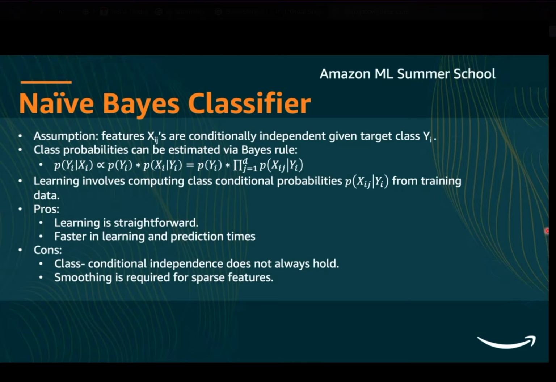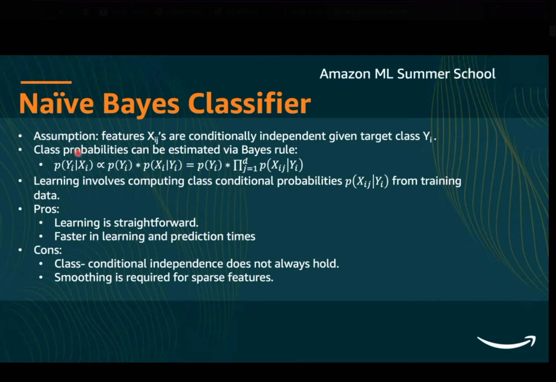But if you know that it is an apple, these features become independent of each other, right? So this is the naive assumption which you're making, right? In the real world, these features may be related, but the assumption you're making is that, given you know the class or the category of the data, these features would be independent of each other. So this is what it says.